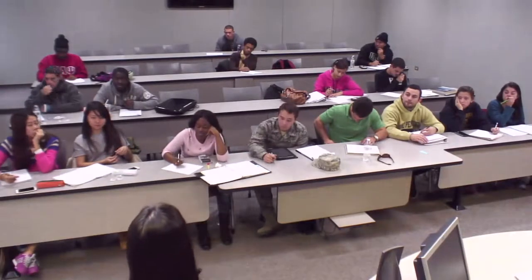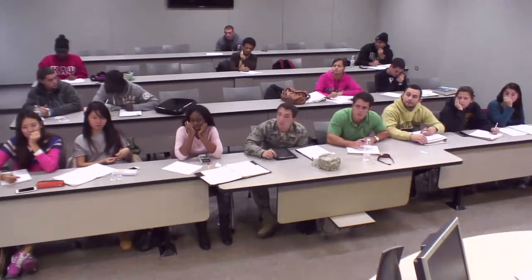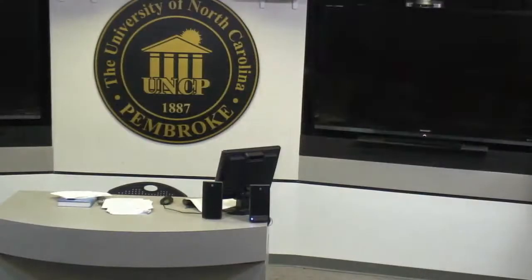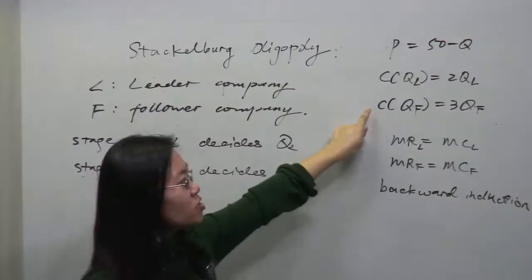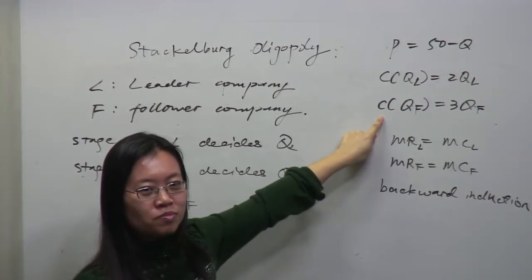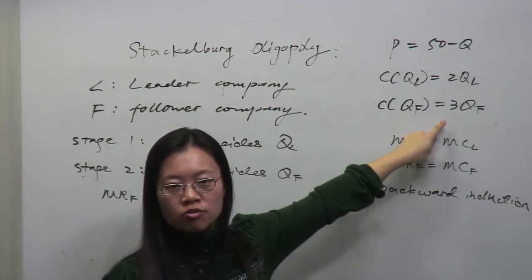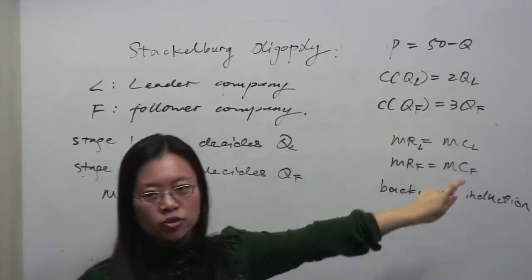Do I have a cost function for both guys? What is the marginal cost for the follower? This is the total cost function for the follower. What is the marginal cost function for the follower?